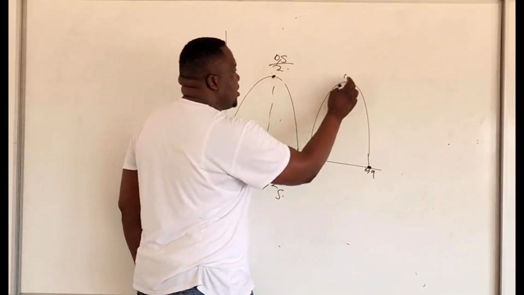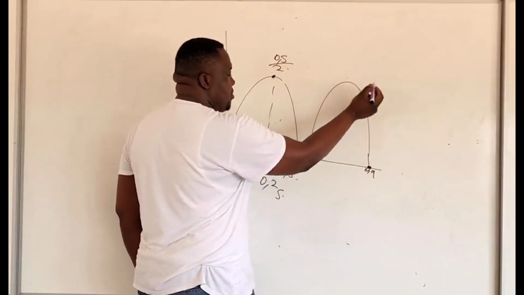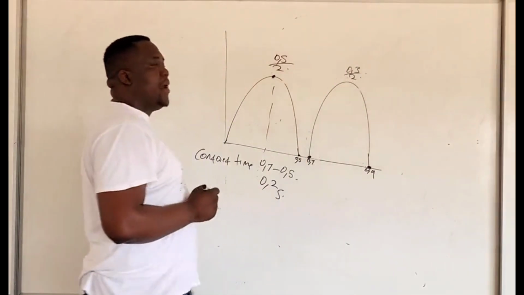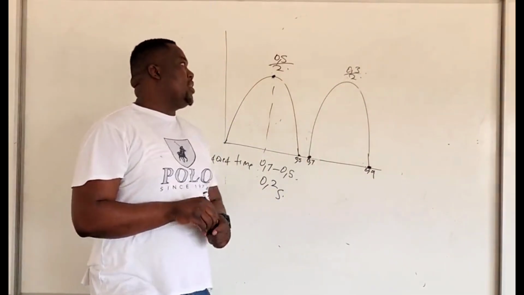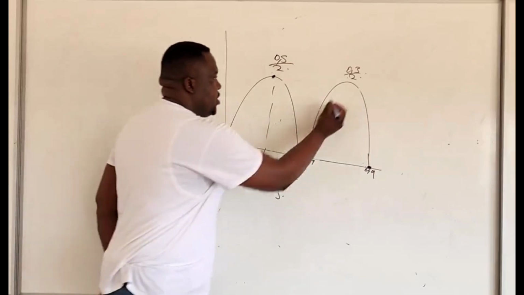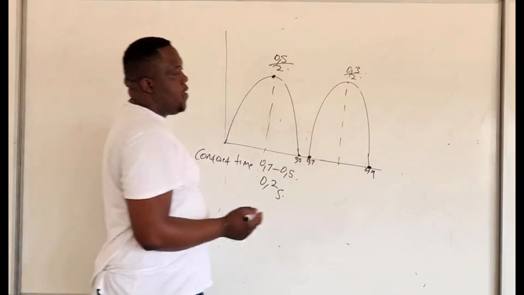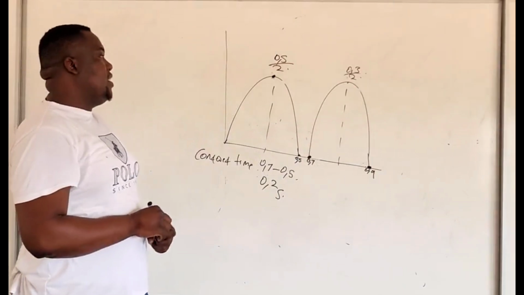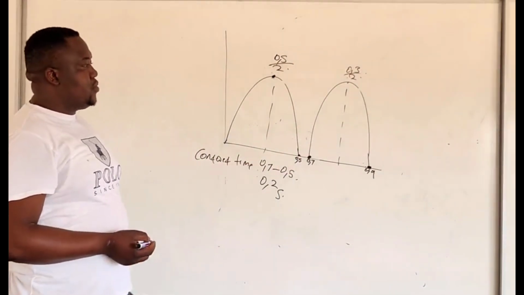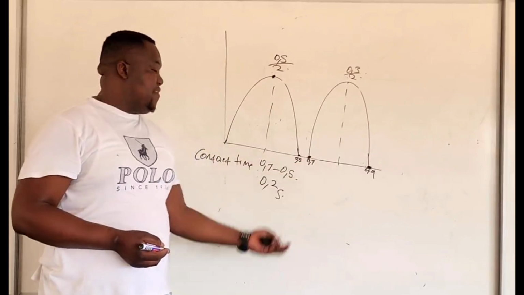So to reach its maximum height, it was 0.3 divided by 2. You understand? That is to reach its maximum height. These are seconds.